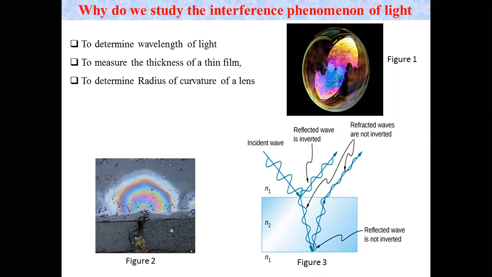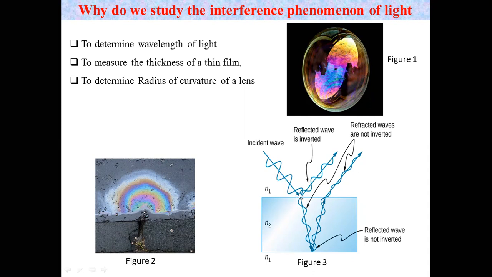They act as coherent sources as they are produced from the same incident wave. And they will produce interference patterns by the superposition of these two reflected waves.